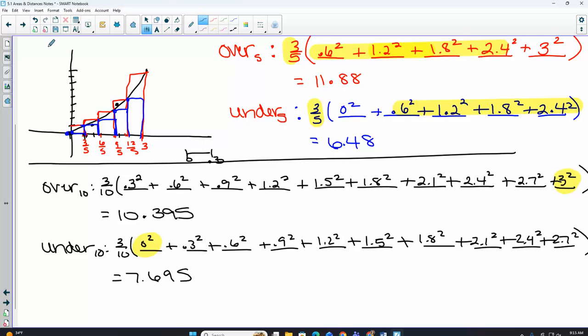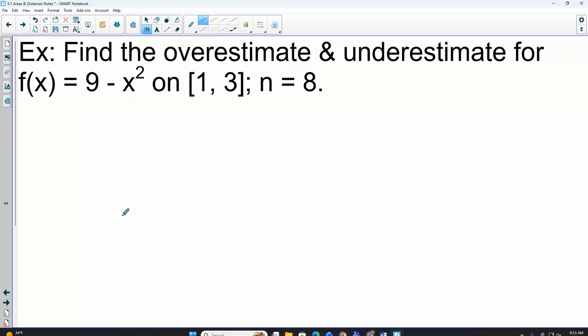Let's try another one. All right, so if we don't want to draw a picture every time, we can kind of figure this out. A lot of times what I'm going to ask you is find the change in x.